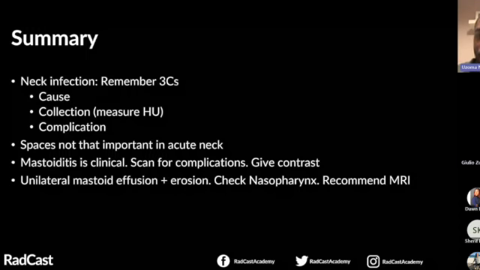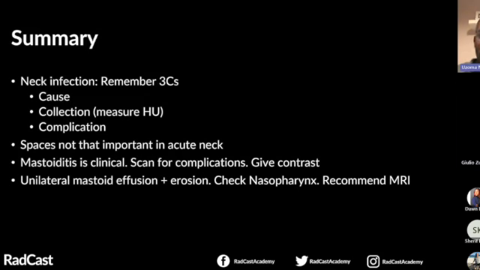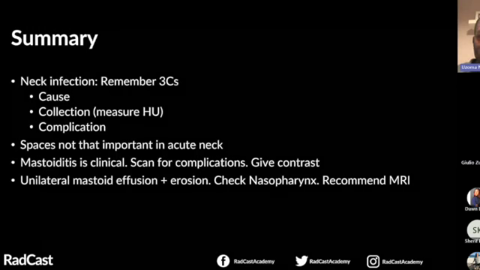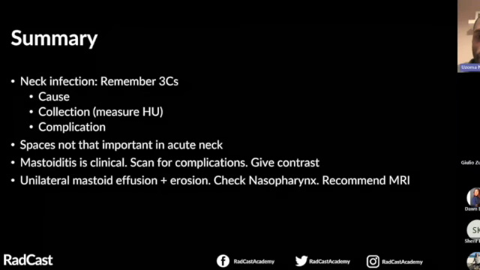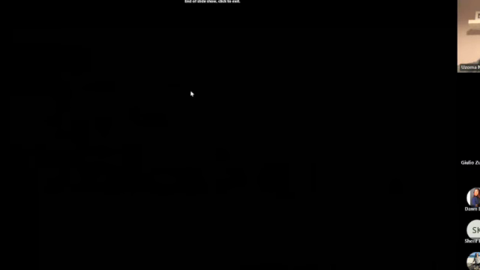Don't obsess about getting the anatomy spot on. Mastoiditis is a clinical diagnosis. You scan for complications and give contrast. And if you have a unilateral mastoid effusion and bone erosion, make sure you check the nasopharynx and recommend an MRI to make sure you're not missing a malignancy. And that's it.